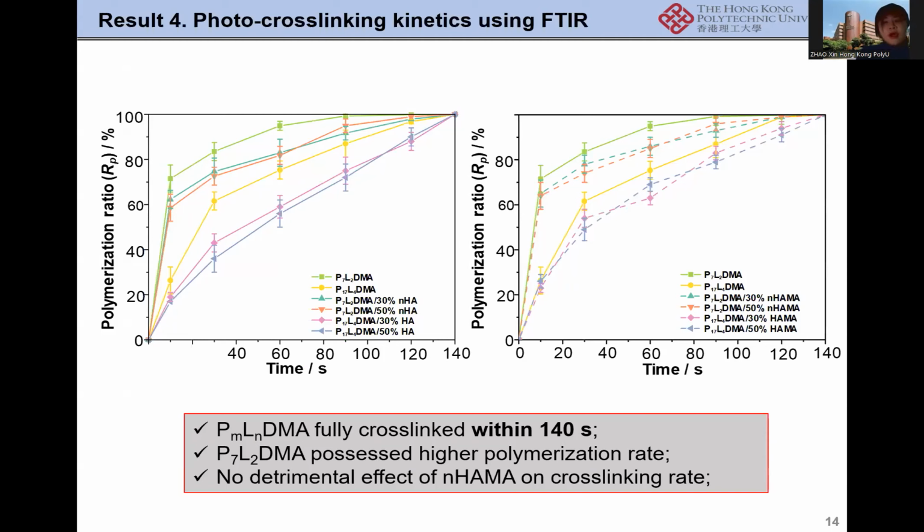And then we examined the photo-polymerization rate. We can see that adding these hydroxyapatite nanoparticles doesn't have a detrimental effect on the cross-linking rate, and the composite can be fully cross-linked within about 140 seconds.